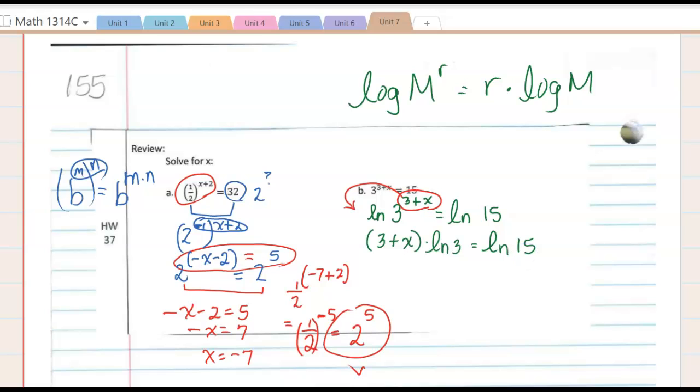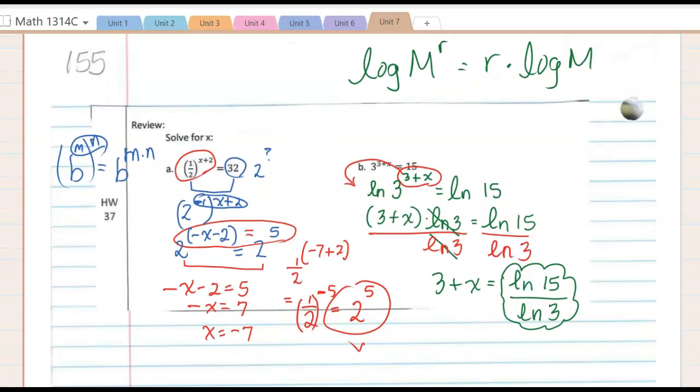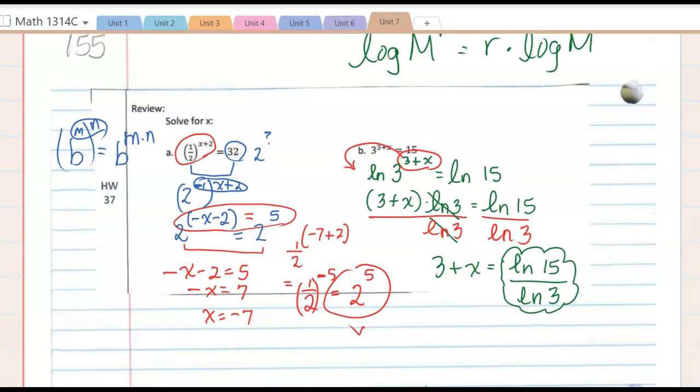I'm going to divide both sides by the natural log of 3. That will give me 3 plus x is equal to the natural log of 15 divided by the natural log of 3. This we could put in our calculator and get an estimate, but because Ms. San Pedro wants to have exact values, we're going to leave it just like that.